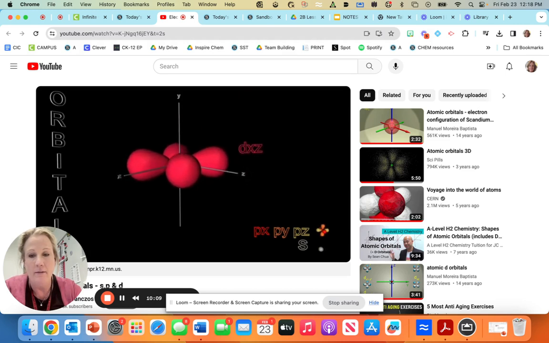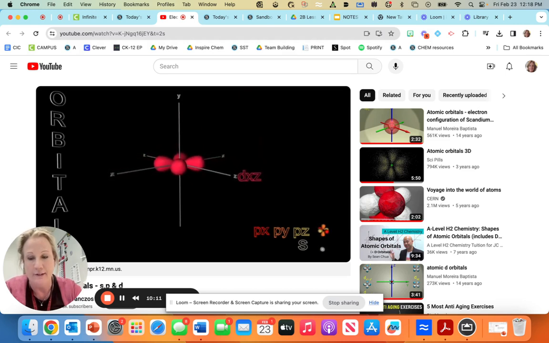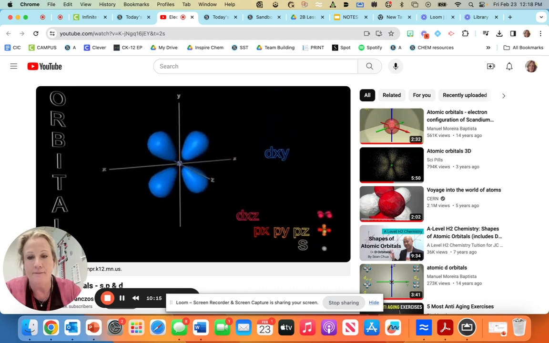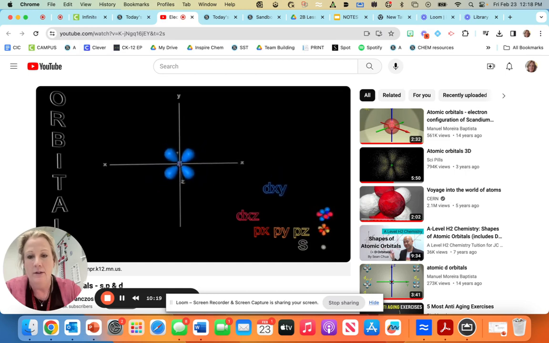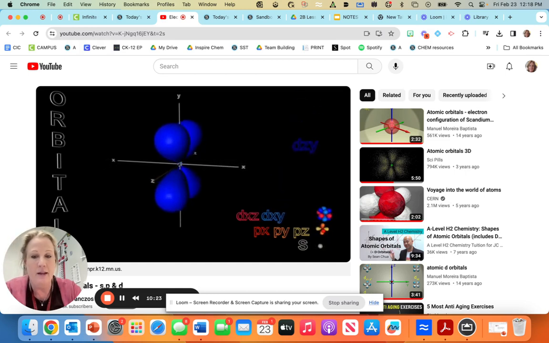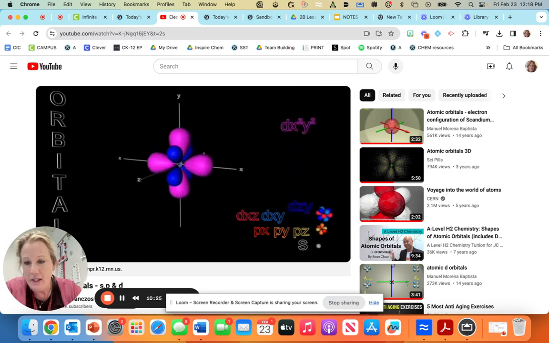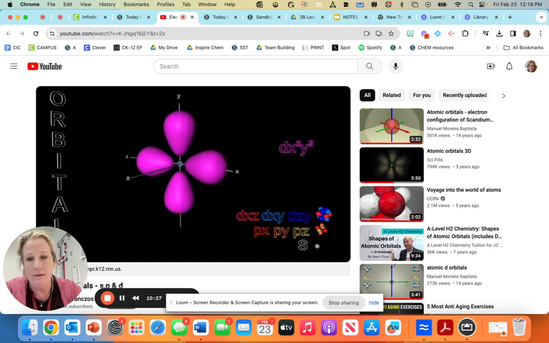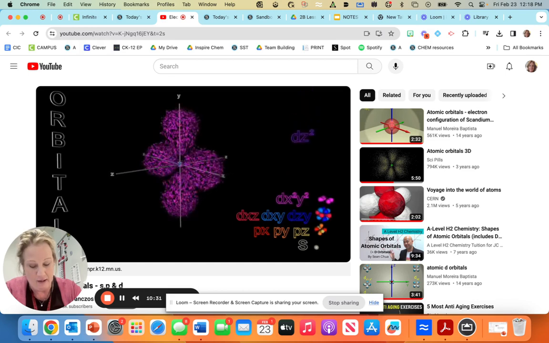The D, remember, if you look at your note sheet, there's 5 of them, and they don't appear until n equals 3. So there's not going to be a 2D, because the D doesn't occur based on the L values.